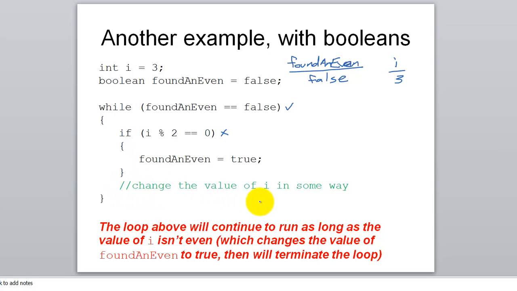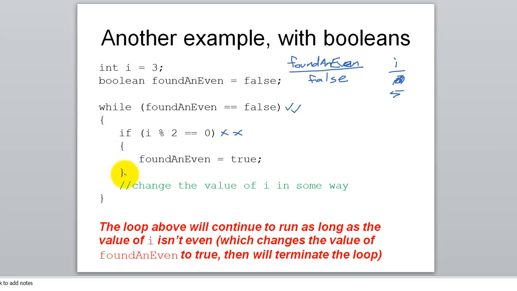Down here we haven't provided any code, but let's say there is some code where the i value changes. Say the i value becomes 5. Then we jump back up here. foundEven is still false, so this is going to run again. If i mod 2 is 0. It's not.